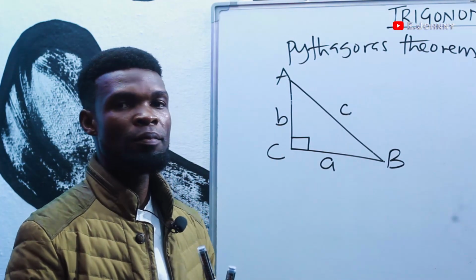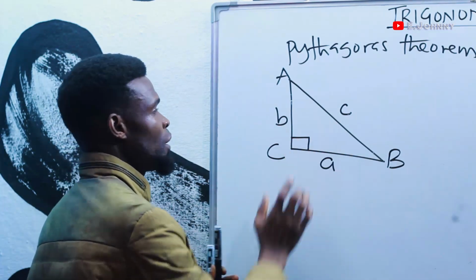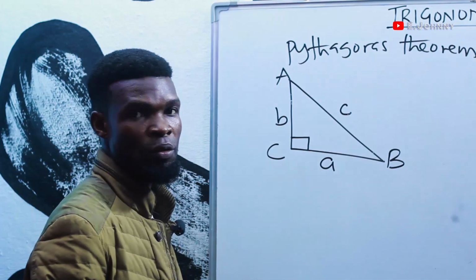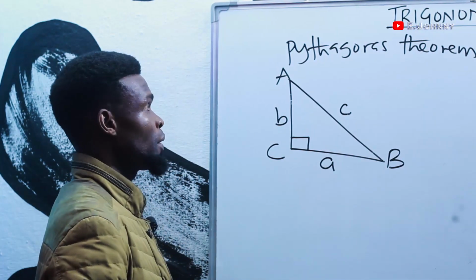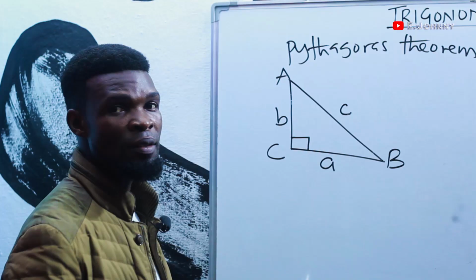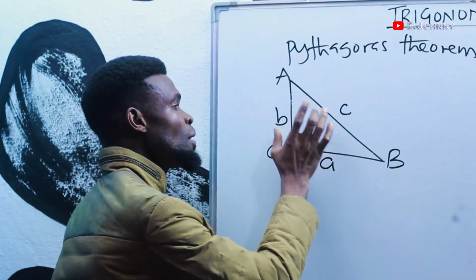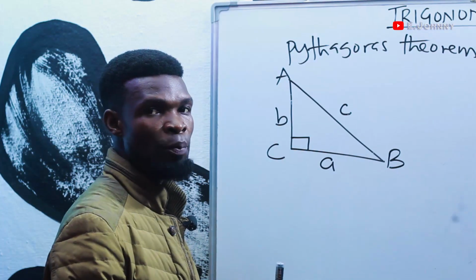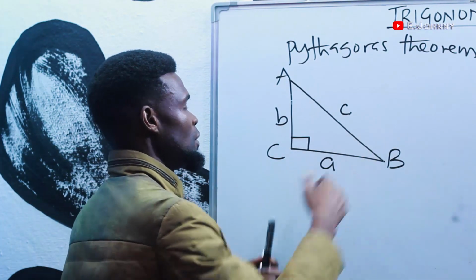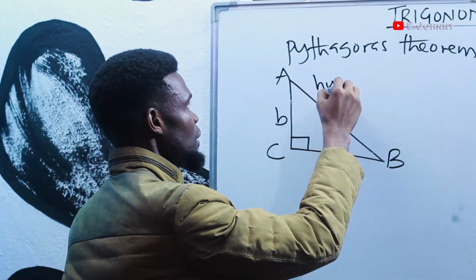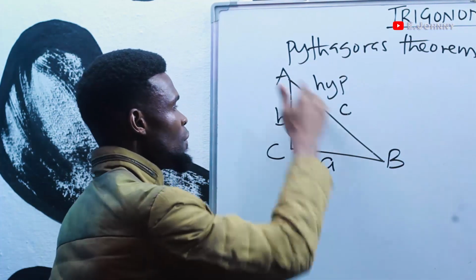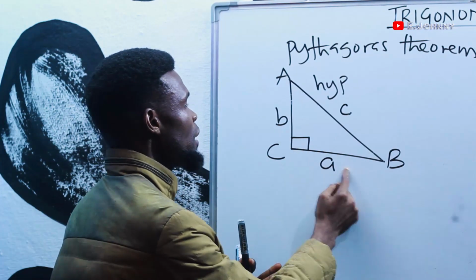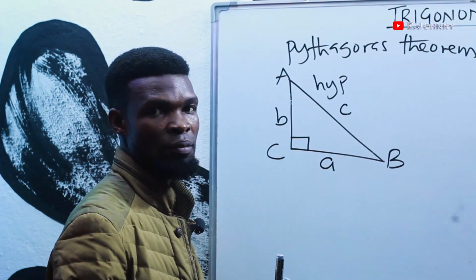So if I am given a problem in a right-angled triangle to solve, then I must make use of Pythagoras theorem. What does Pythagoras theorem state? It states that in a right-angled triangle, the square of the hypotenuse, the longest side in a right-angled triangle is called the hypotenuse, is equal to the sum of squares of the other two sides.